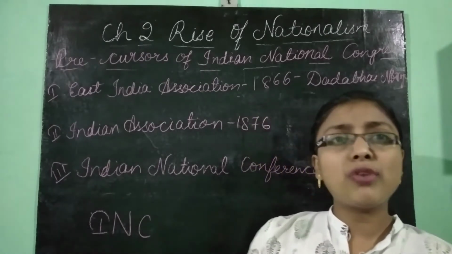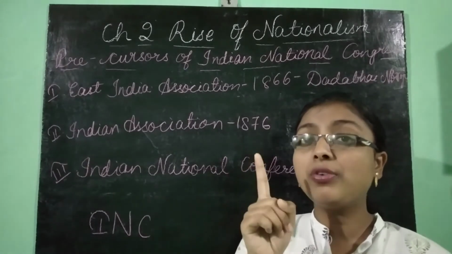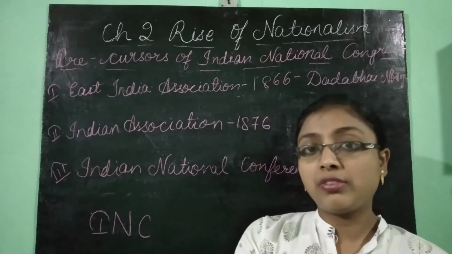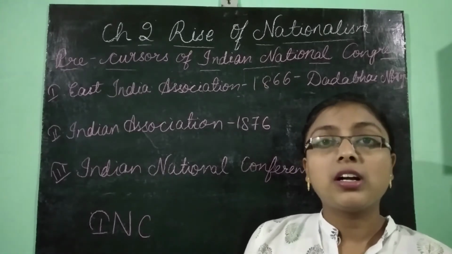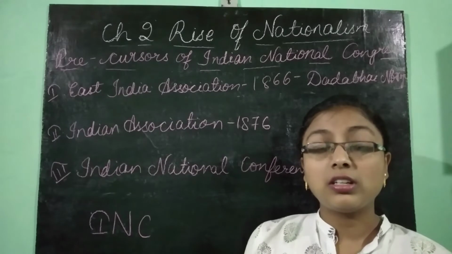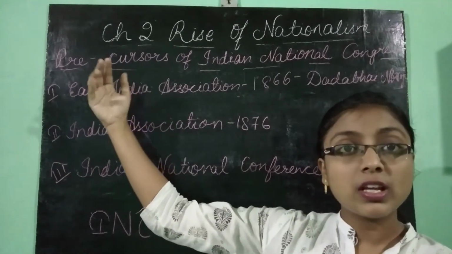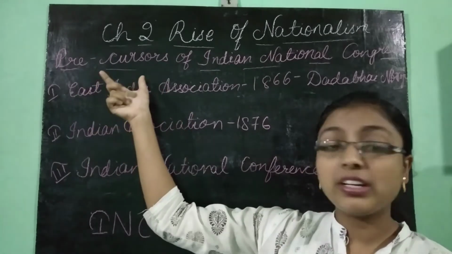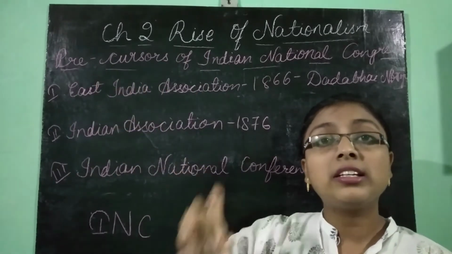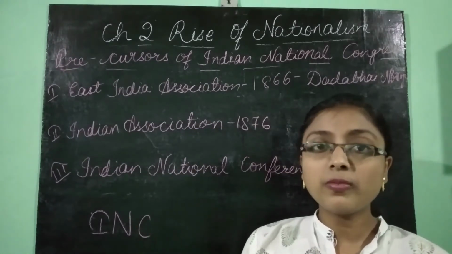So after the formation of many such organizations, one powerful political organization was formed, that is our Indian National Congress. Now what were the precursors? What's the meaning of the word precursors? The forerunners. Here we'll discuss the associations that acted as a base for the Indian National Congress.